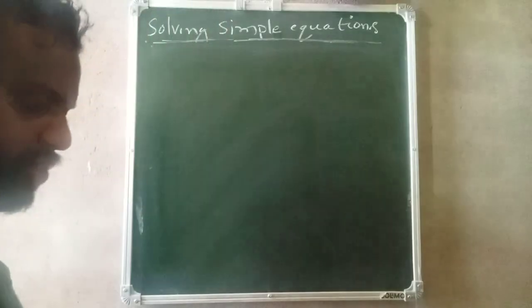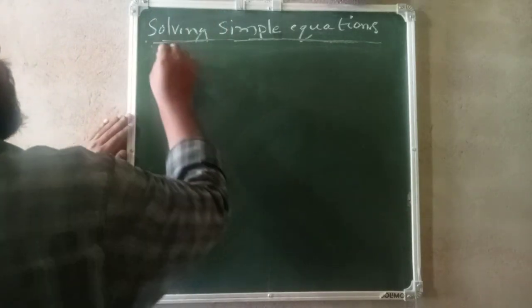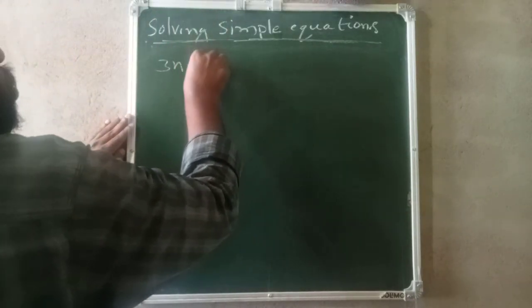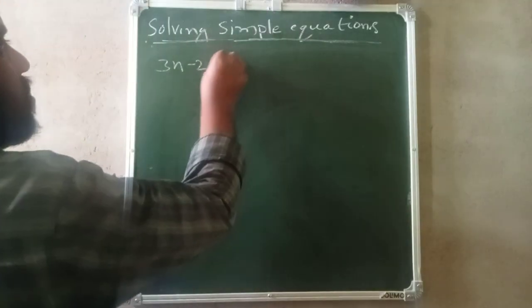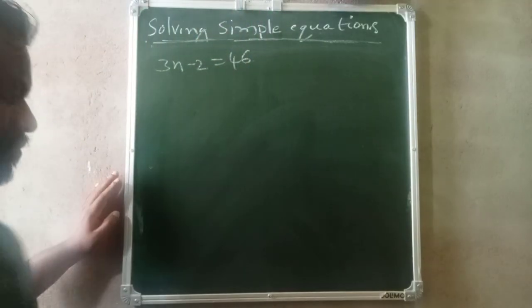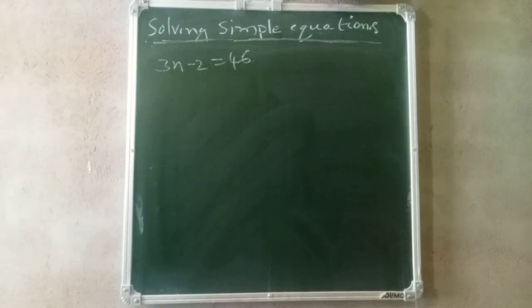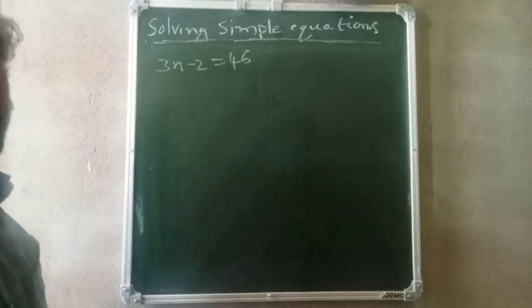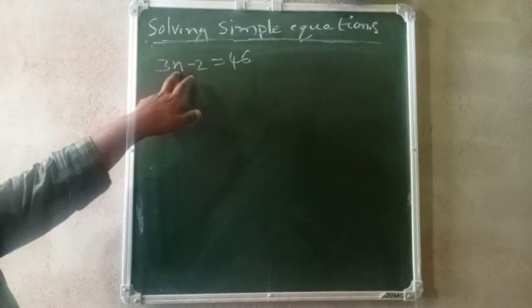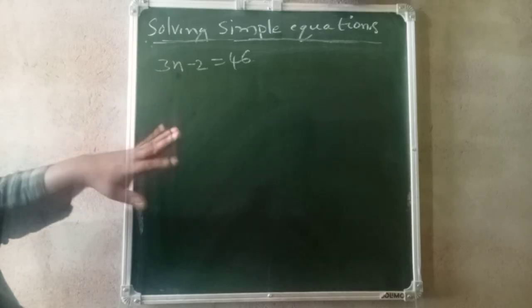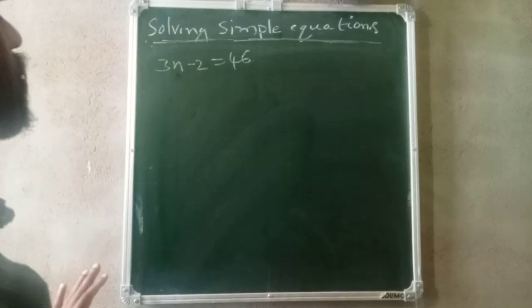Another simple equation I am going to take is 3n minus 2 is equal to 46. Okay, so we have to find the value of the variable. The variable here is n. So we have to find the value of n.